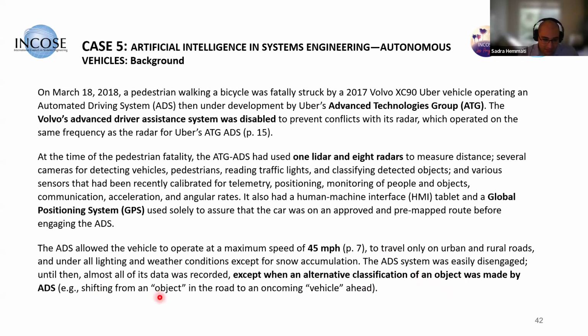The AI was confused. What is this? What am I looking at? Is it the vehicle? Is it the bicycle? Unknown. At the same time, the driver was not engaged in the process, and the handbook says he was checking his phone or something like that. So eventually, that was catastrophic.